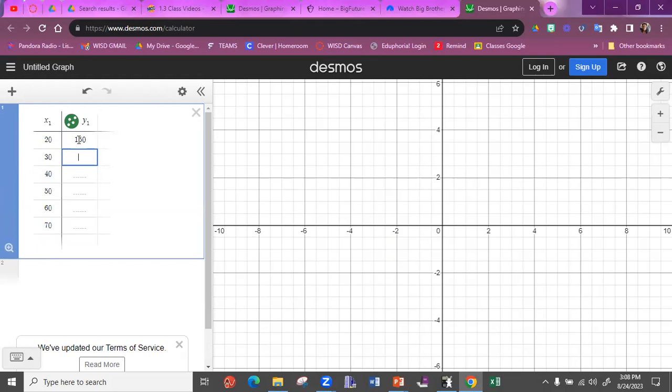I just told you I don't have a paper. A 30-year-old, 133. Okay, 40-year-old, 50, 60, and 70-year-old. Okay, all right. All of my information has been put in. That's what my table looks like.